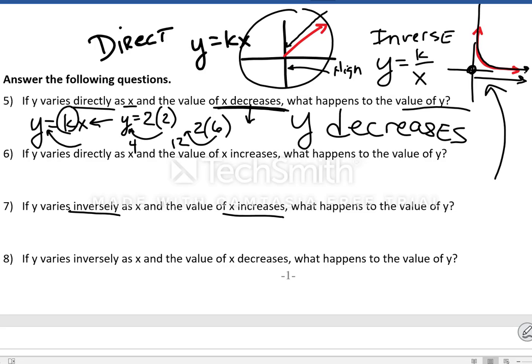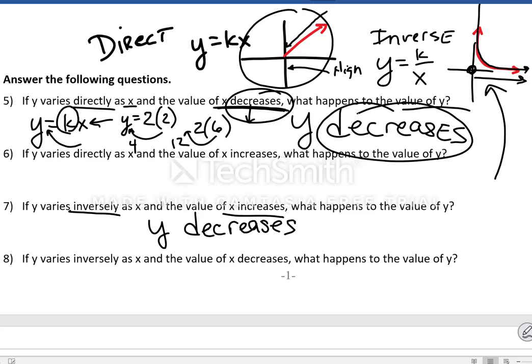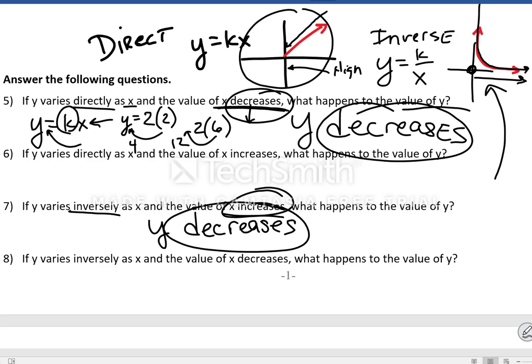So what happens to the value of y? Y decreases. So you can see the difference. So these were the same for direct, but they are now different for an inverse. Okay, so work on 6 and 8, pause the video, and then I'll go over the answers.